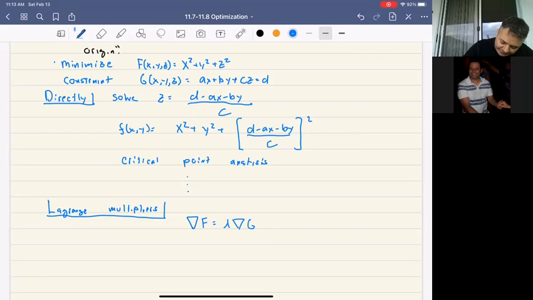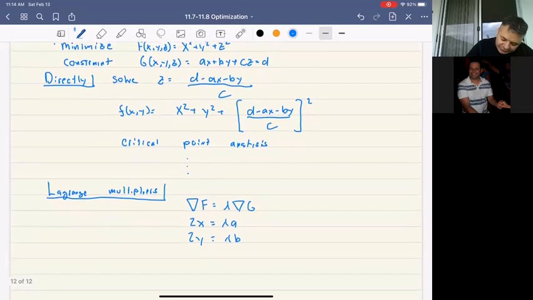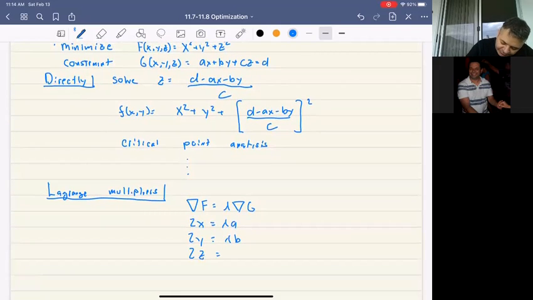So we get 2x equals lambda a, 2y equals lambda b, 2z equals lambda c. Okay, so lambda equals 2x divided by a, which also equals 2y divided by b, which also equals 2z divided by c.